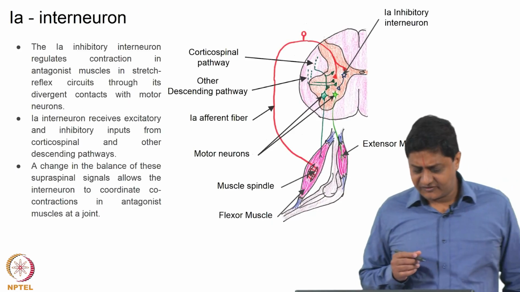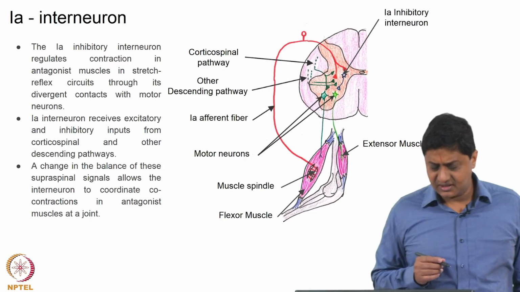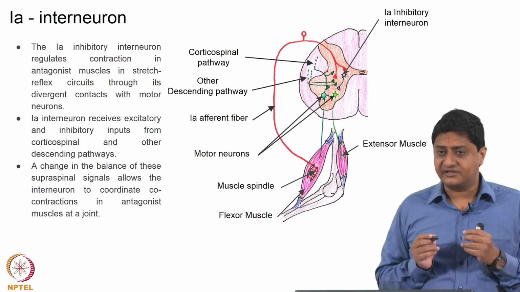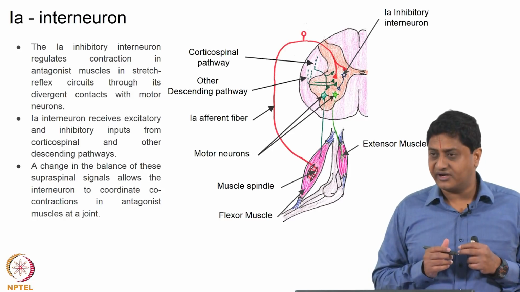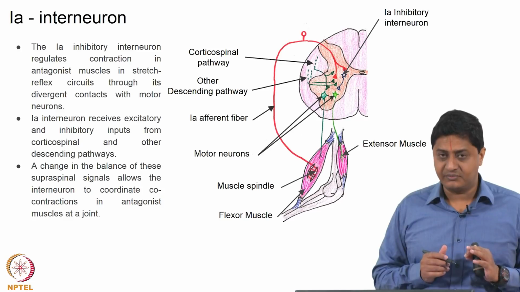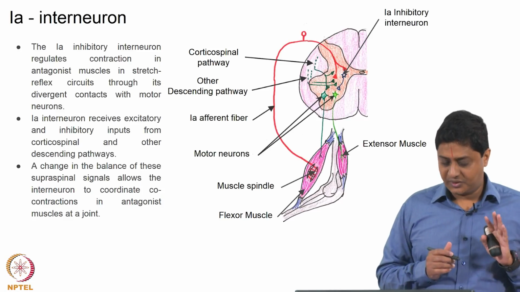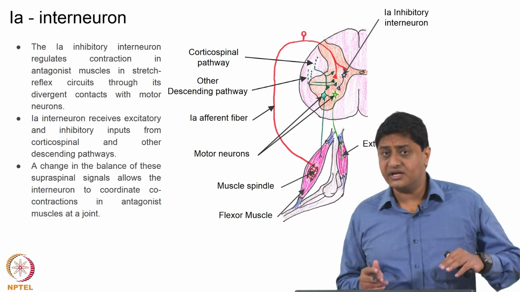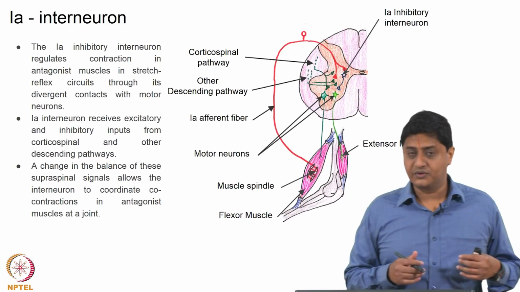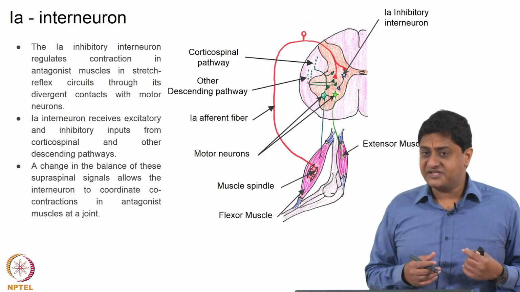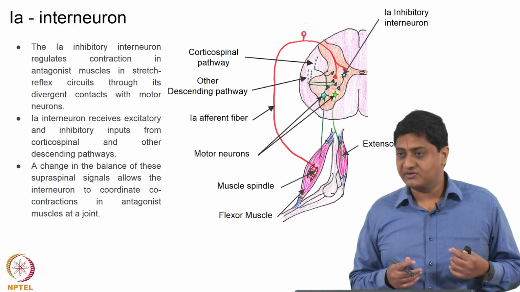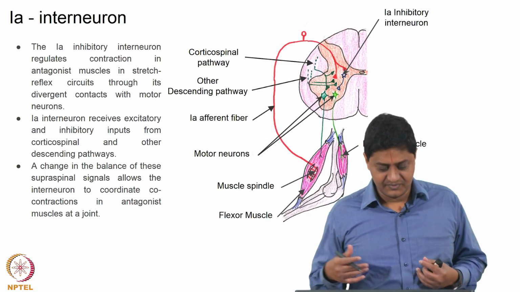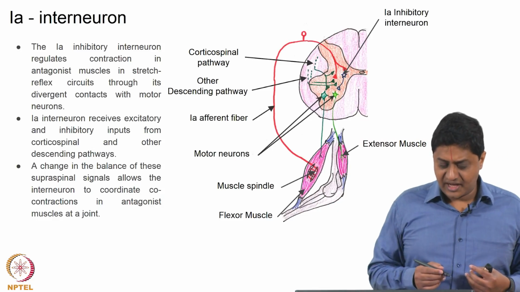And let us remind ourselves of what the 1A inhibitory interneuron does. The 1A inhibitory interneuron is excited by the 1A afferent and is inhibited by the Renshaw cell. What it does is regulate contraction in the antagonist muscle. So, if the muscle of interest is the biceps, the 1A inhibitory interneuron that receives inputs from the biceps regulates contraction of the triceps, the antagonist muscle.